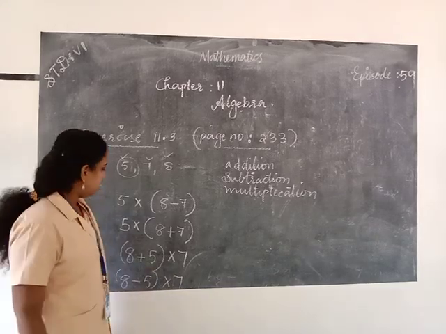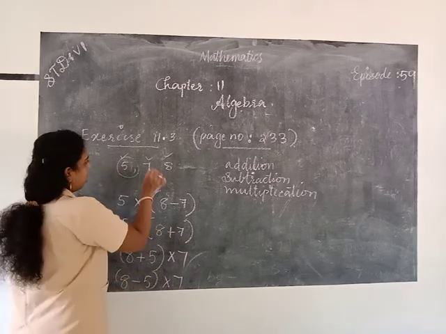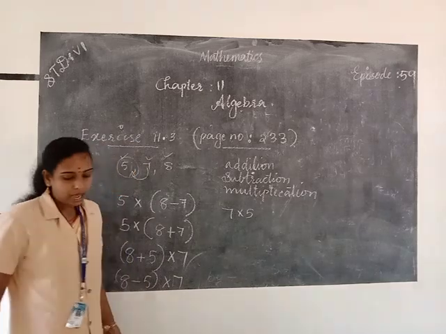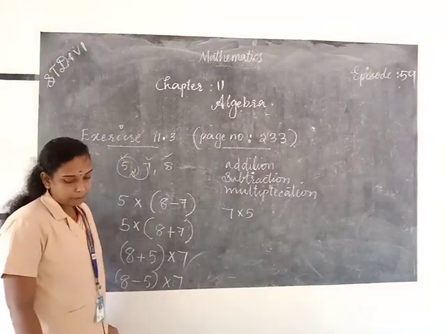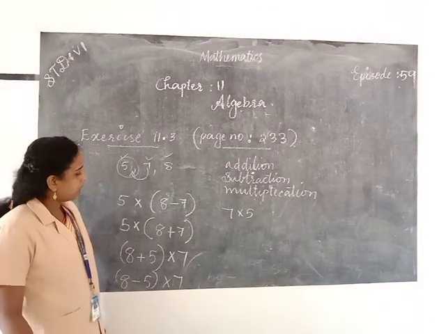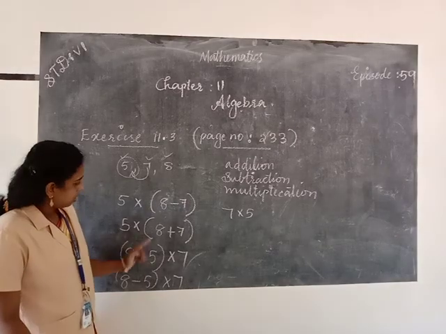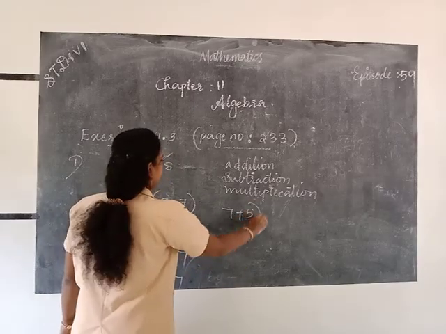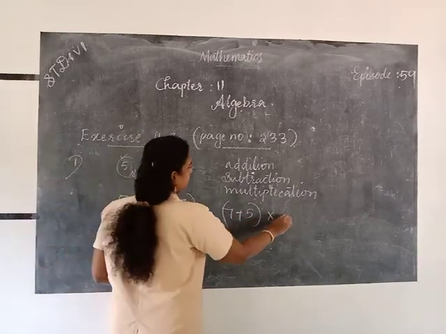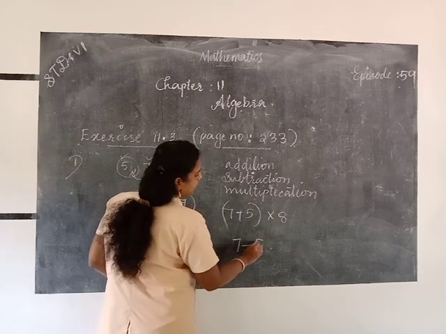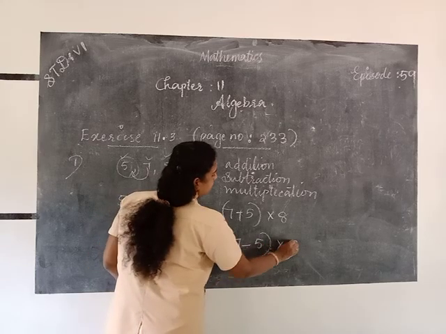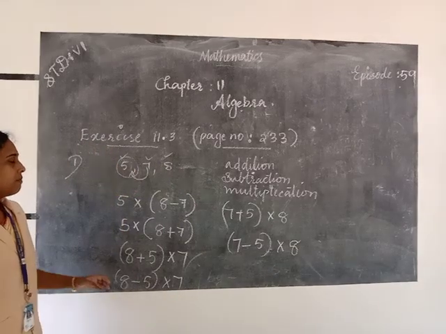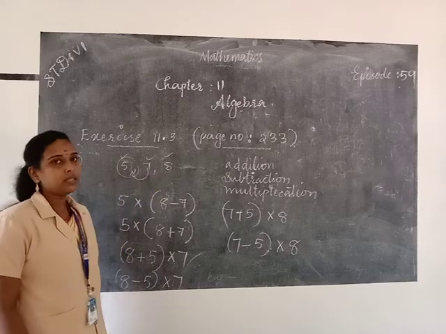Then multiply 7 into 5, then add 7 plus 5 and multiply with the next number, 8, or subtract 7 minus 5, then multiply with 8. So these are the possible expressions that we can make with the numbers 5, 7 and 8.